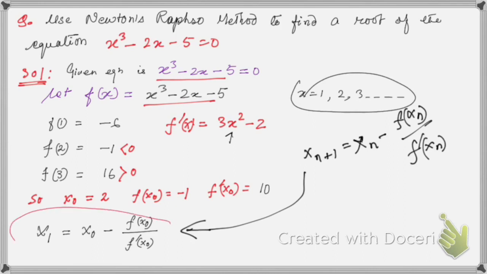So x1 is equal to 2 minus 1 by 10, which is going to be equal to 2.1.